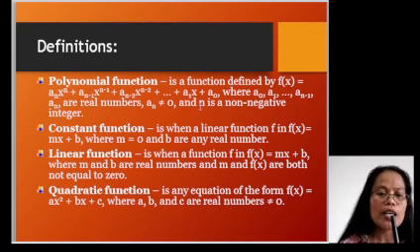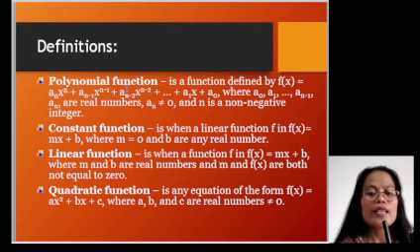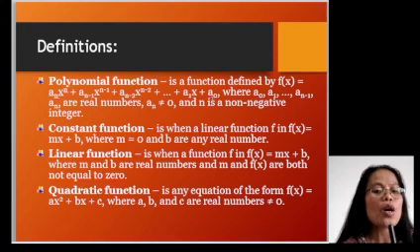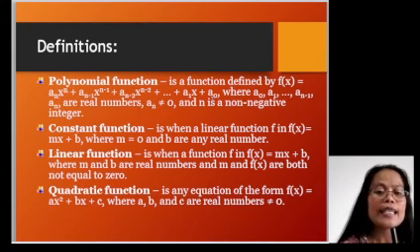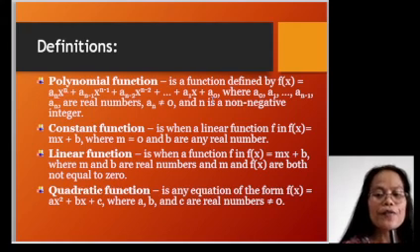The function defined by f of x is equal to a sub n, x to the power of n, plus a sub n minus 1, x to the power of n minus 1, plus a sub n minus 2, x to the power of n minus 2, and so on, plus a sub 1 times x plus a sub 0, where a sub 0, a sub 1, up to a sub n minus 1, and a sub n are real numbers, and a sub n should not be equal to 0, and n is a non-negative integer. So those are polynomial functions.